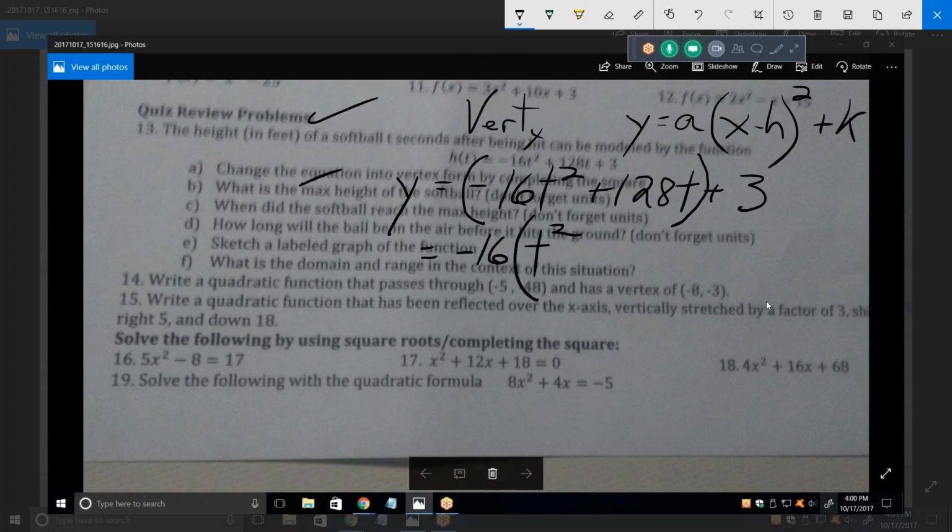What else? 8t. 18. Is it plus or minus? Plus. Actually minus. And notice why.